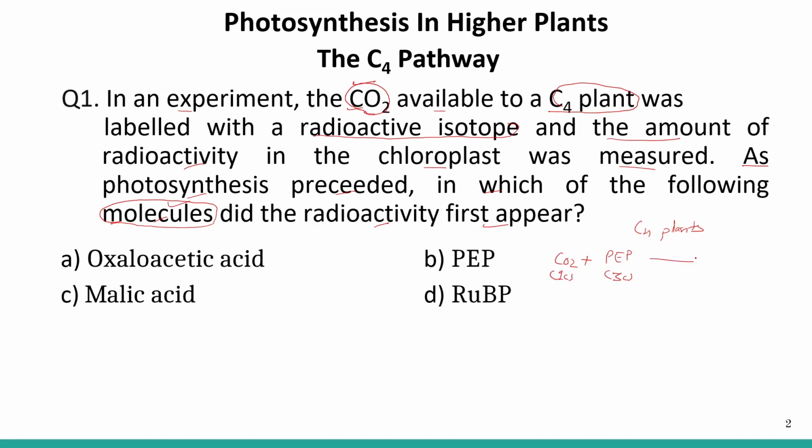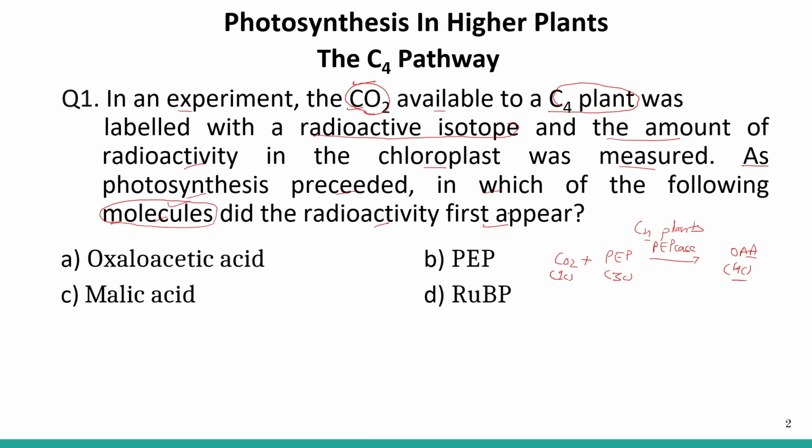In the presence of the enzyme PEP carboxylase, what will it form? It will form a 4-carbon compound known as oxaloacetic acid. That's why C4 plants are named C4, because the first or primary compound formed is a 4-carbon compound known as oxaloacetate or oxaloacetic acid.